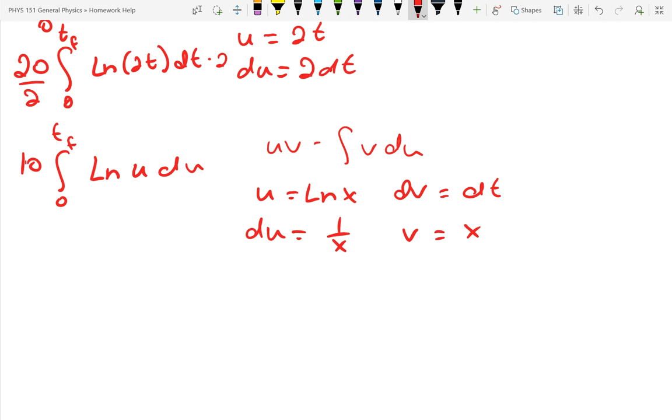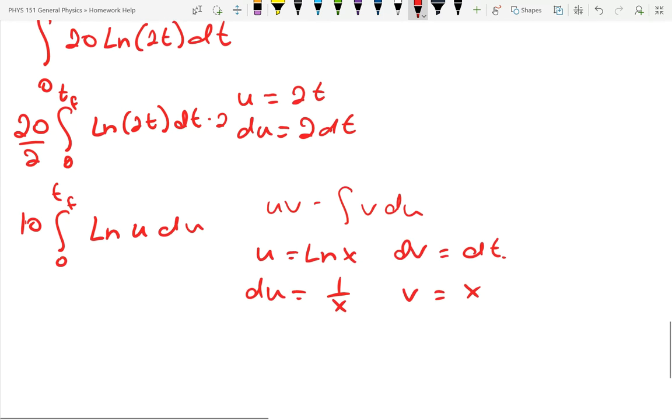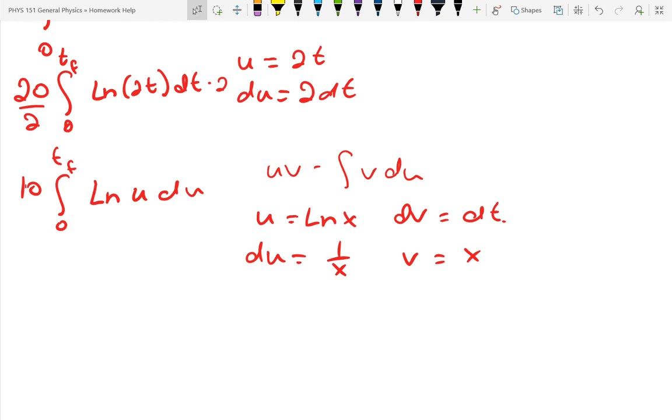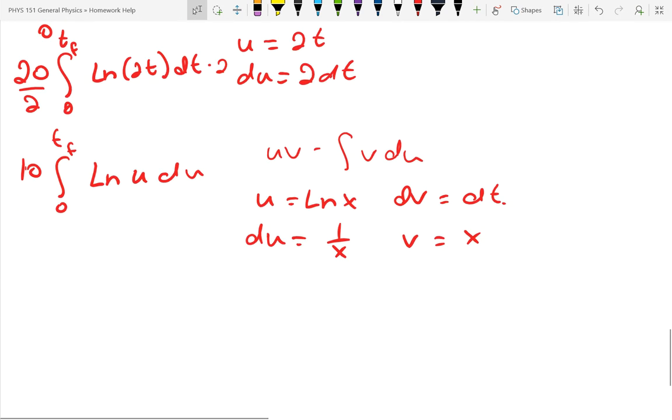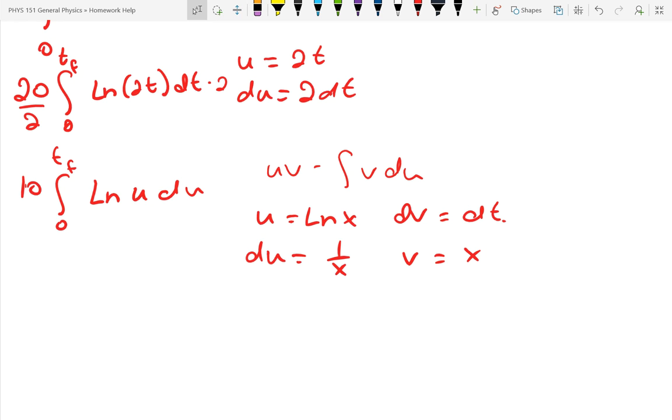I did something weird. My notation is off, but I don't know where.